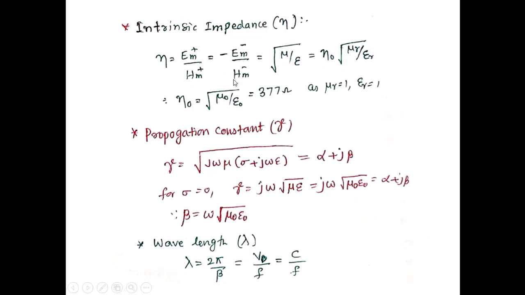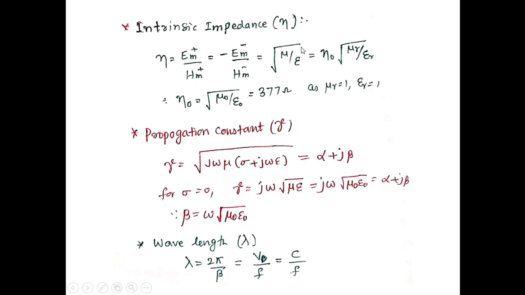Next, intrinsic impedance eta is given by the forward electric wave divided by the forward magnetic wave, and for the reflected wave it is taken as minus Em bar divided by Hm bar, which is given by the square root of permeability mu divided by permittivity epsilon.